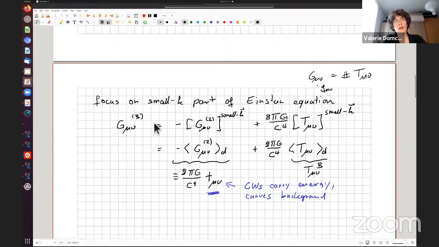So when we talk about the energy density carried by gravitational waves, we're always talking about subhorizon processes, something we can see in a detector, or something which is maybe measured by N effective, the relativistic degrees of freedom. But this logic does not apply once they are superhorizon. Okay, thank you.